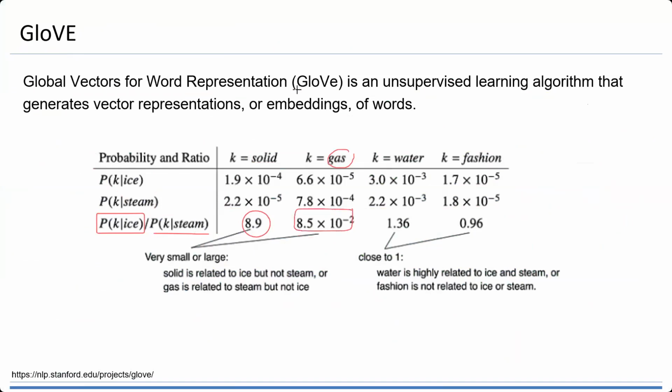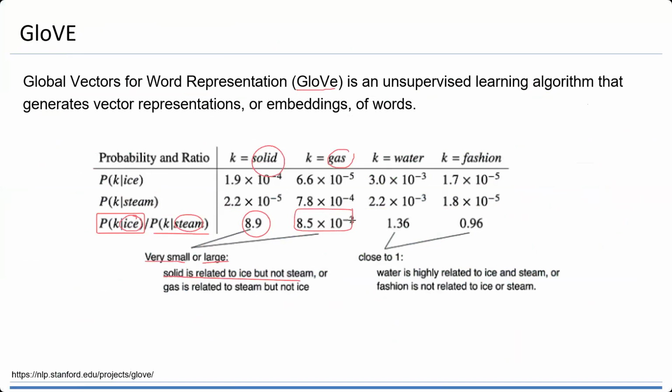So based on the GloVe representation, when it is very large, then solid is related to ice but not steam. Solid is related to ice but not steam.